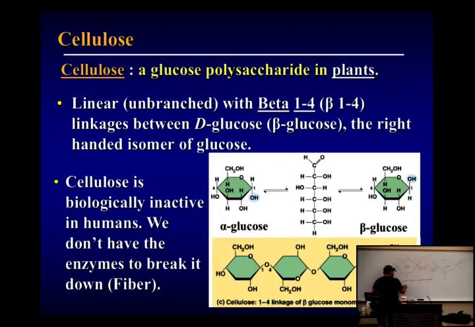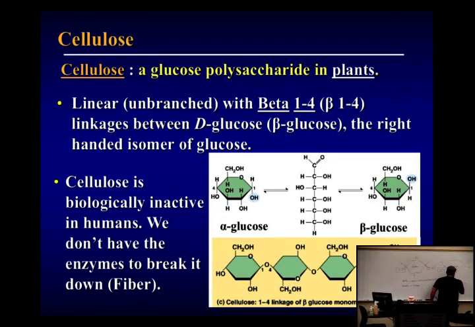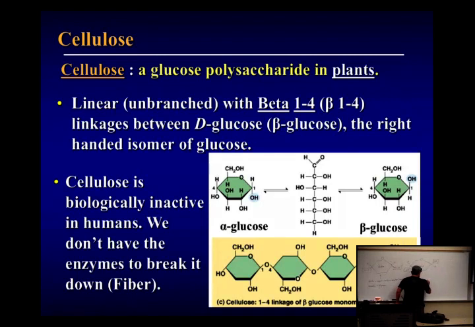And also this is glycogen. This is found in animals. This is found in plants. This is cellulose. Where's that found? Plants or animals?